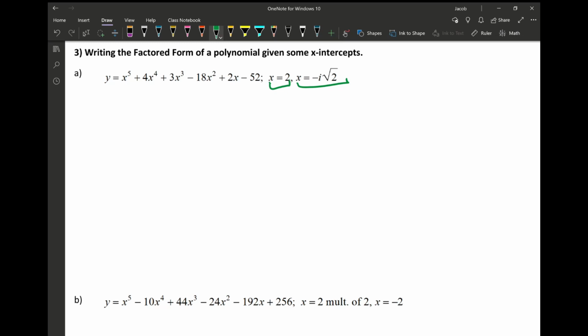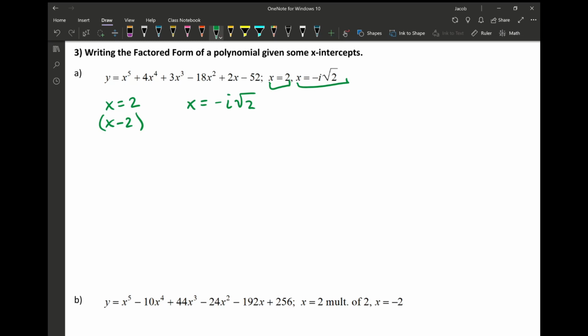So we need to make some factors out of these two zeros we're given. The first one, x equals 2, we know how that factor is written. That's written as x minus 2. That makes sense. x equals negative i radical 2.